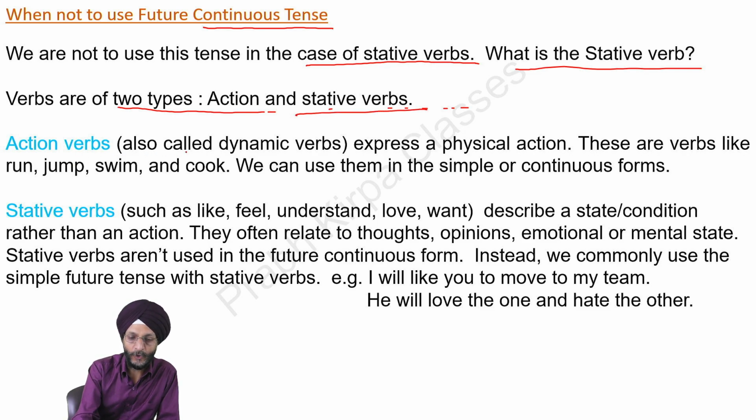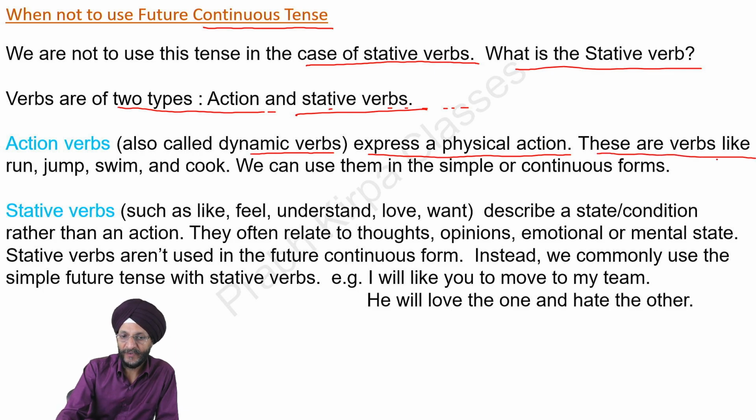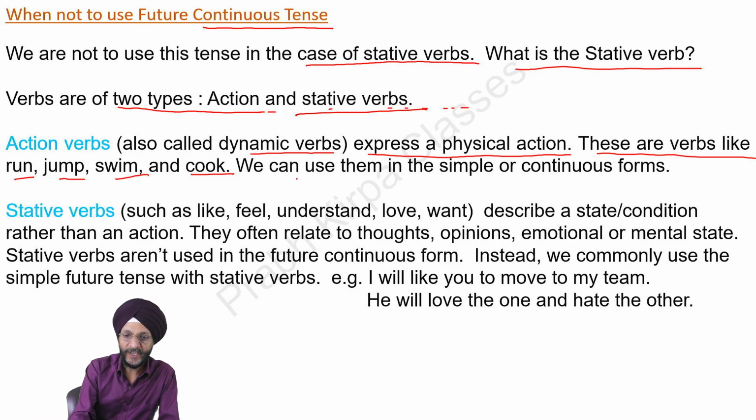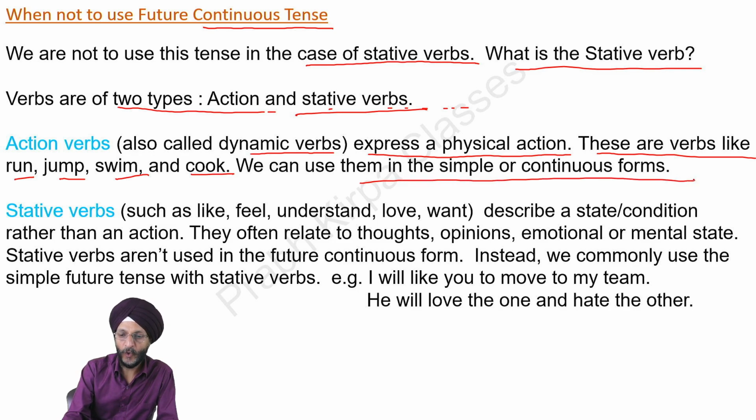Action verbs are also known as dynamic verbs. Action verbs express a physical action. Examples are run, jump, swim, cook. Run becomes running, jump becomes jumping, swimming, cooking. We can use them in simple or continuous form.